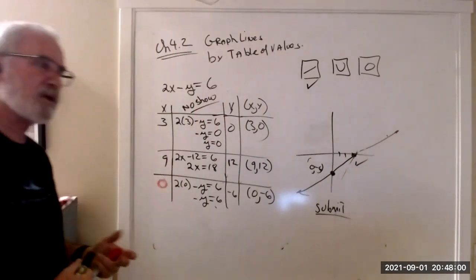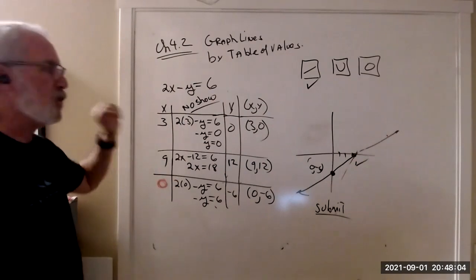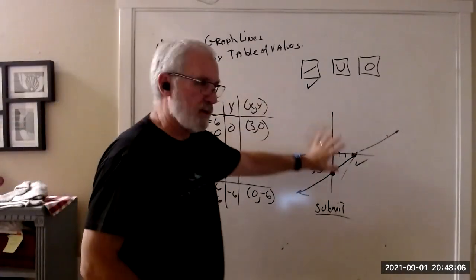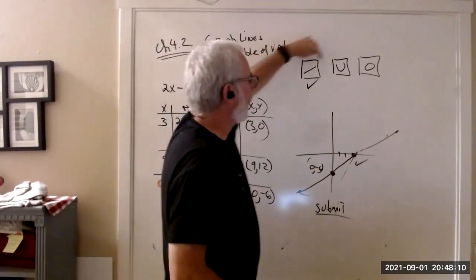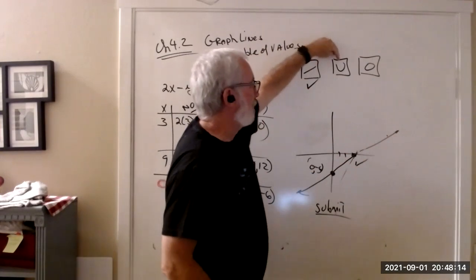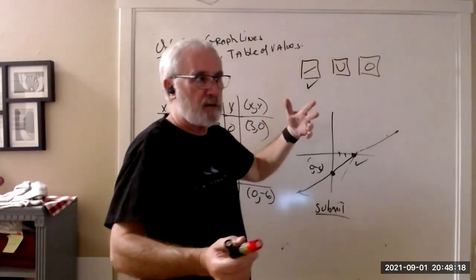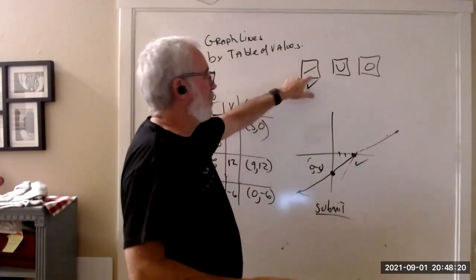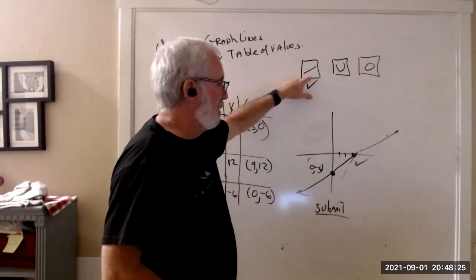So some of these questions are going to have you first build a table, and then use your table to graph a line. To graph the line, you pick, okay, what kind of graph am I actually going to do? A line, or a parabola, or a circle, or a hyperbola, or something that we'll get to later? Well, you're going to pick line. Duh. These are all going to be lines.